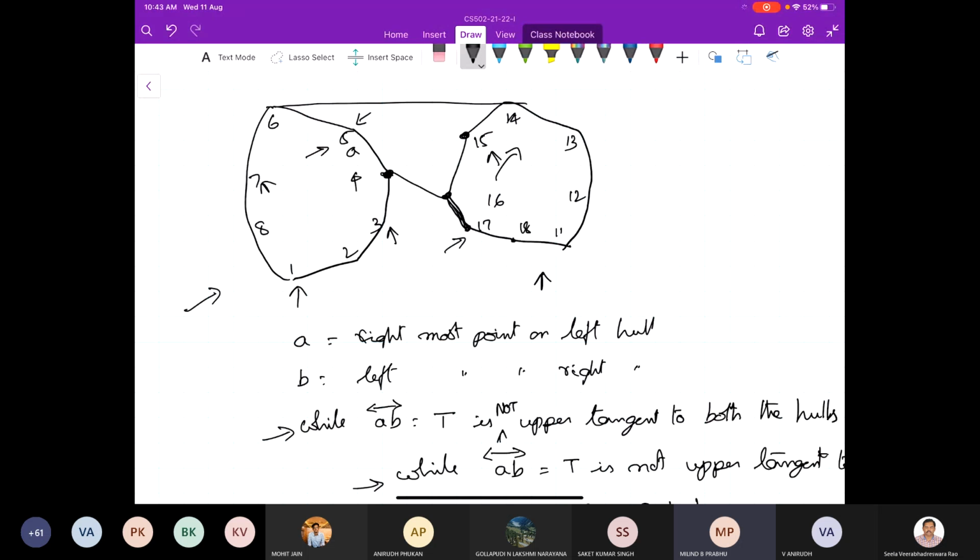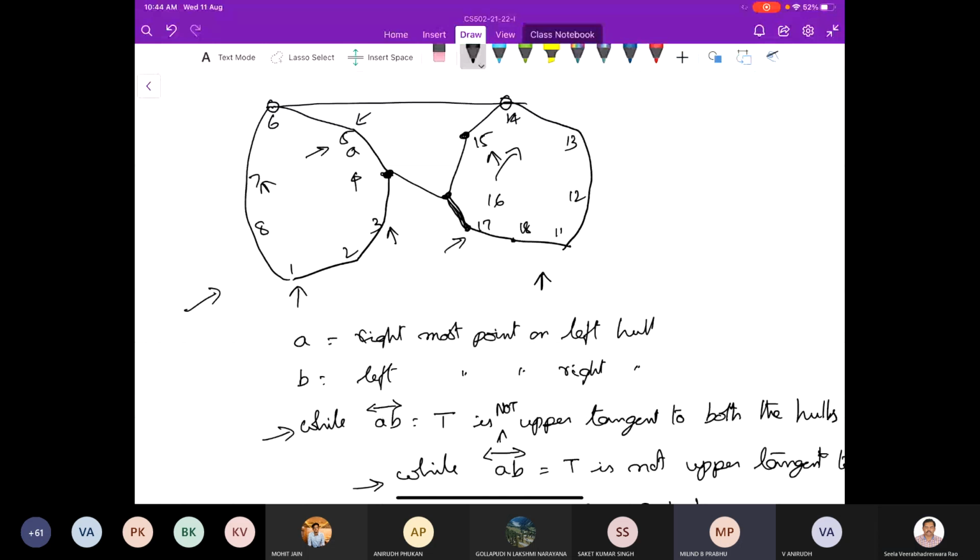Okay, we won't cross. Yeah, maybe we can argue that. If you know which points form this upper tangent, these loops cannot cross these two points, whatever they may be.